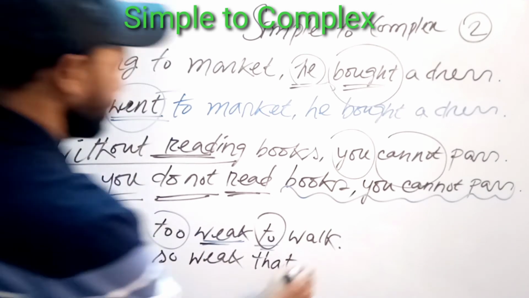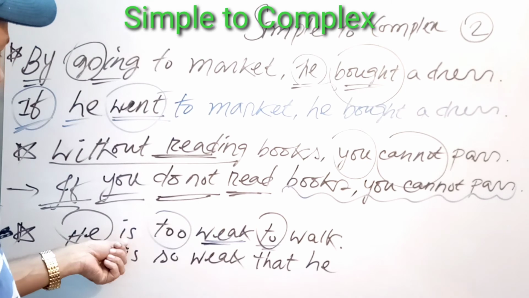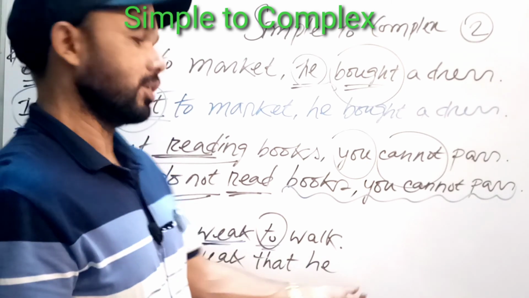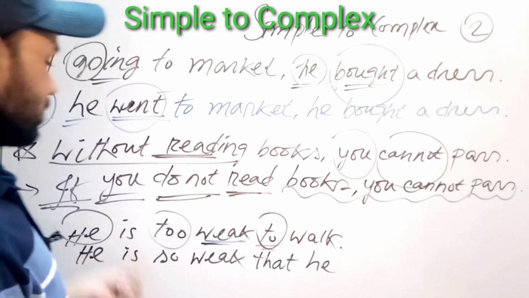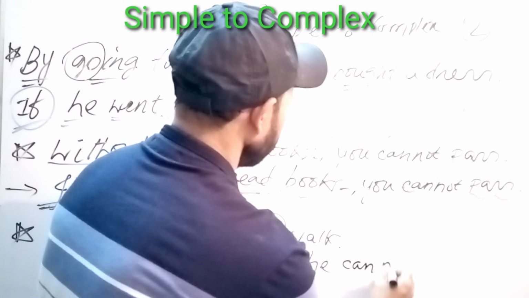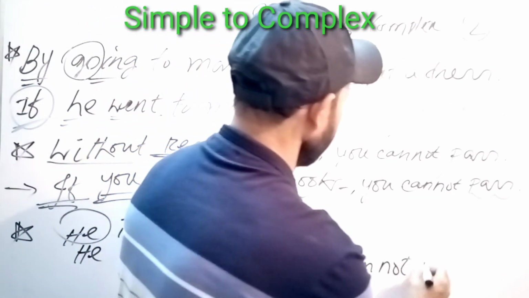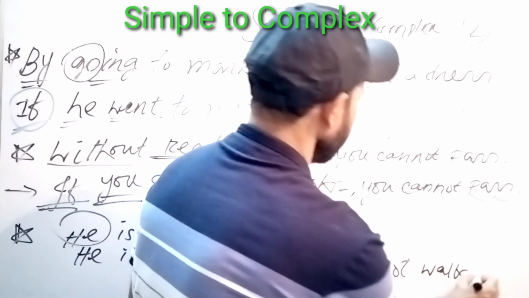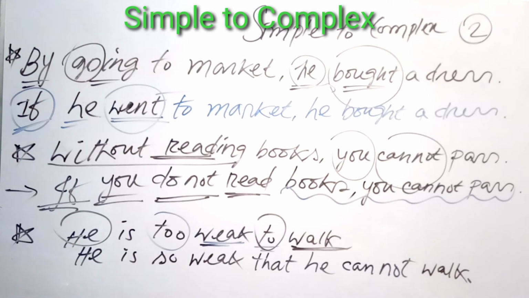Here is a subject, he. Then you have to use cannot or could not. If it is in present tense, you can use cannot. If it is in past tense, you can use could not. So here is present tense. I am using cannot. Then the remaining verb or part of the sentence. So the sentence is, he is so weak that he cannot walk.